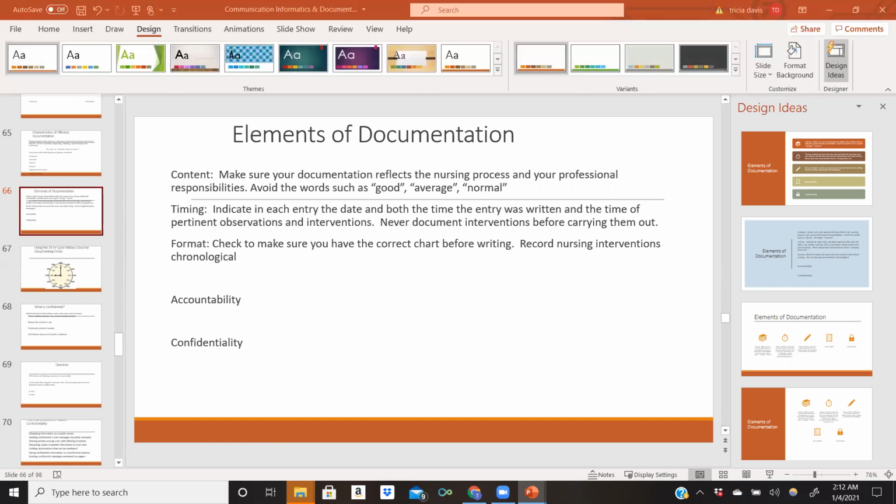So a better way for you to enter that would be: on a scale of 1 to 10, the patient rates their back pain as a 2 out of 3 today, compared with 7 to 9 yesterday, and their vitals return to baseline. So that is definitely a more accurate way for you to describe how the patient's feeling.